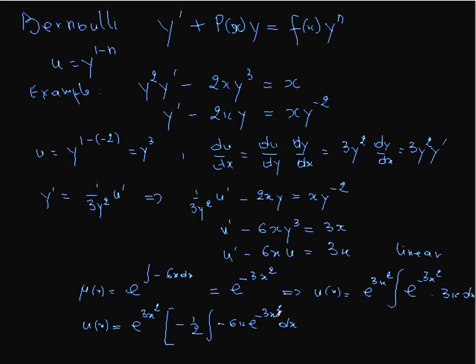So if you write u equals minus 3x squared, we obtain the integral of exponential u du. So finally, this is negative half exponential of minus 3x squared, plus a constant c.